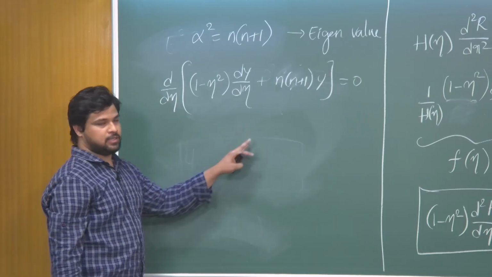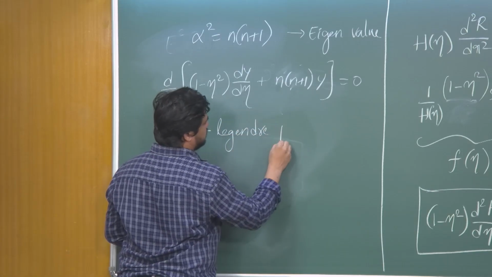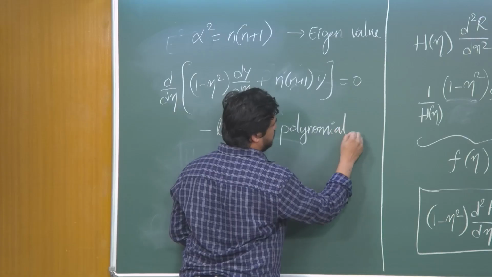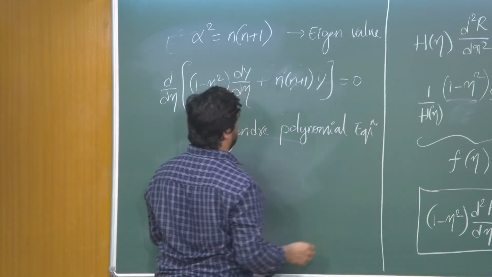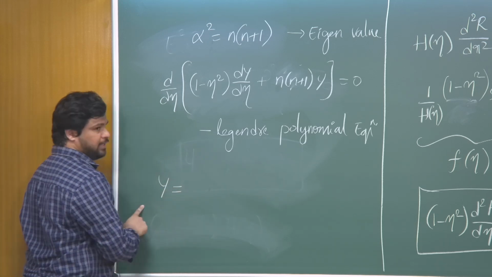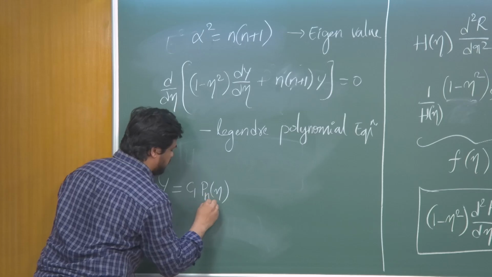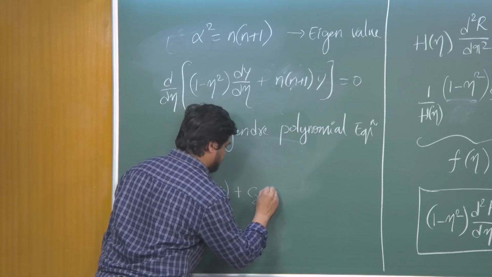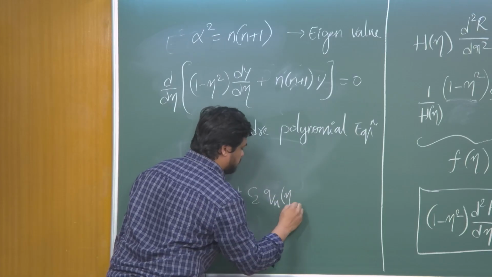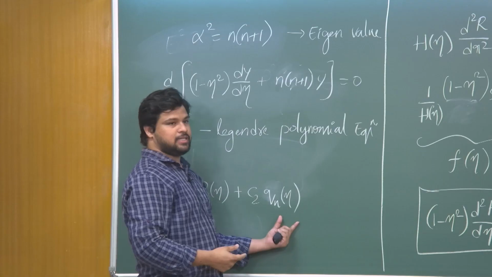This is called the Legendre polynomial equation. The solution for this is given by my variable y equal to C1 Pn of eta plus C2 Qn of eta. This is the Legendre polynomial of first kind, and this is the Legendre polynomial of second kind.